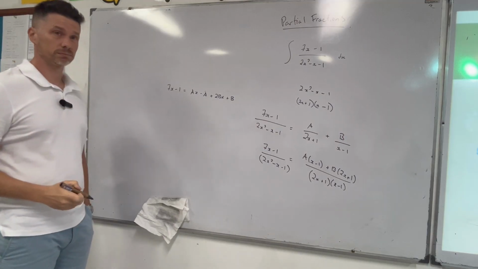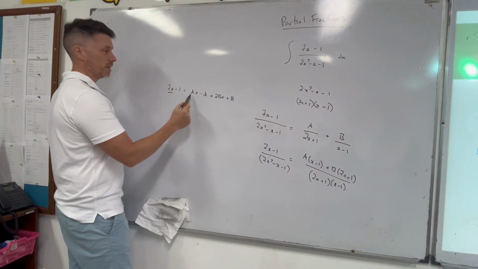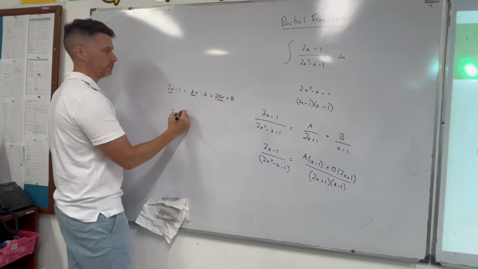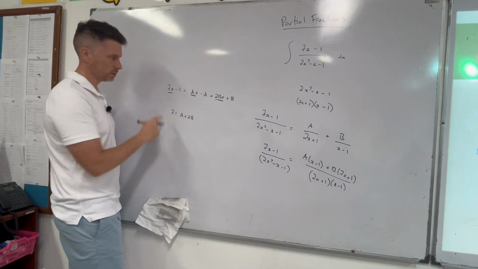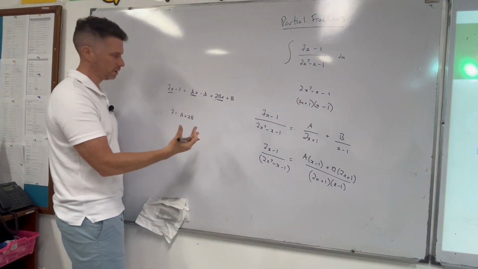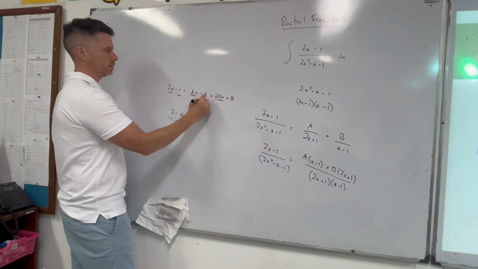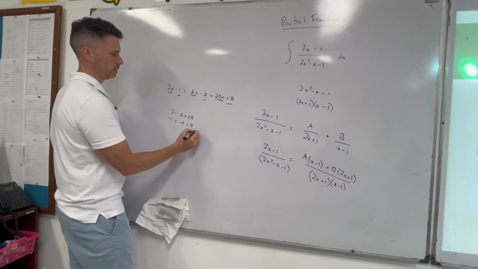Take common terms, so ax plus 2bx is 7x. So the x's must all equate. So 7 has to equal a plus 2b from the x's. There's 7x's, ax's, and 2bx's. They all have to equate. And the minus 1, the constants, have to also equal each other.